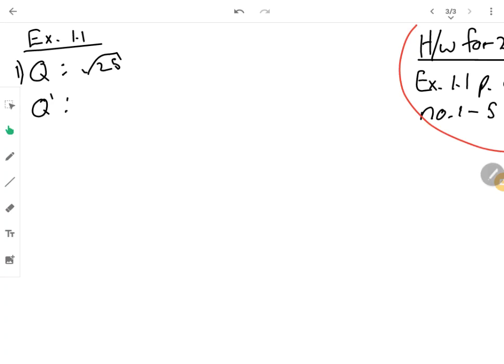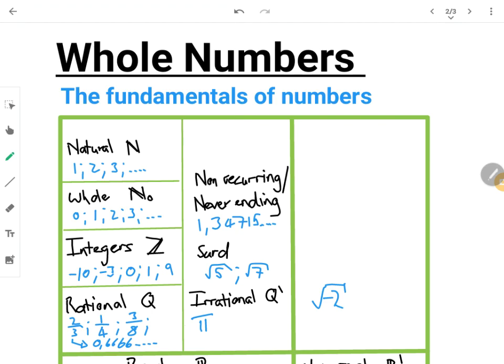Let's see for an irrational number. Which one can we take? Well, the easiest one for that would always be pi. That's an irrational number. If you type pi in your calculator and you say equals, then you get some non-recurring, never-ending decimal number.